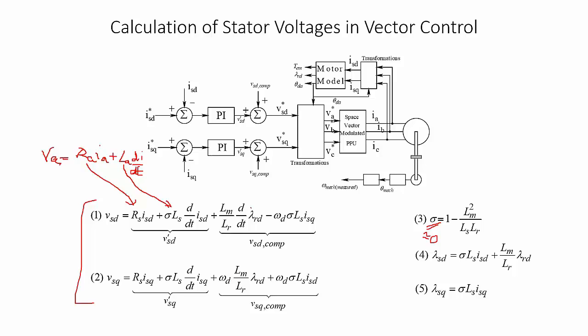The other two components can be ignored for our controller design because lambda RD is going to be maintained a constant, and the second component is almost equal to 0 because sigma is very close to 0. And similarly, in the VSQ equation, we can ignore these two components because lambda RD again is going to be a constant, so it does not affect the controller design. It can just be ignored as a constant disturbance, and this component is going to be very close to 0.